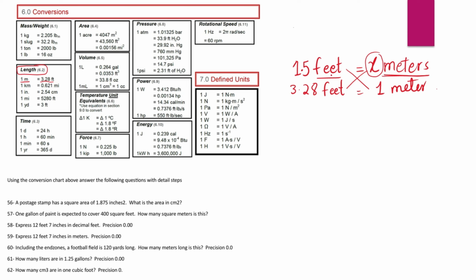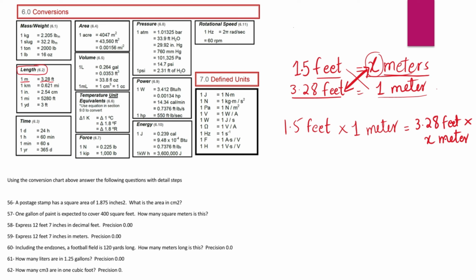We multiply 1.5 feet by 1 meter, then write an equal sign, and multiply 3.28 feet by x meters. Here we have just done the cross multiplication: we multiplied 1.5 feet with 1 meter and 3.28 feet with x meters, and there is an equal sign in between them.